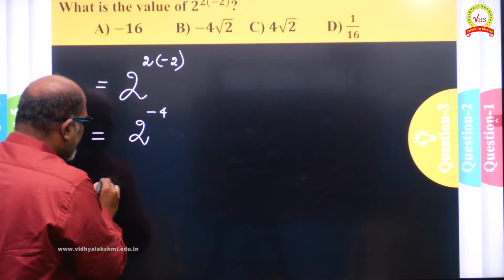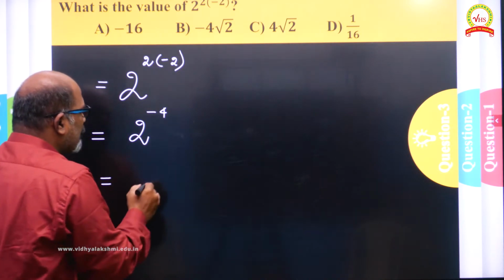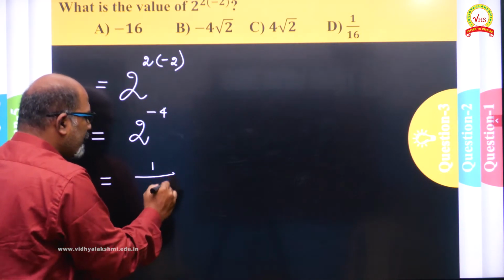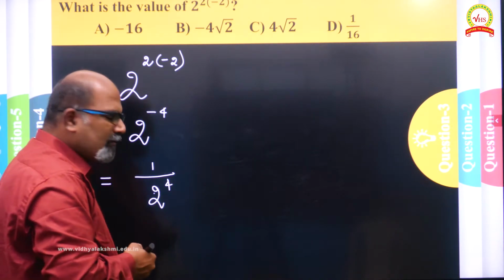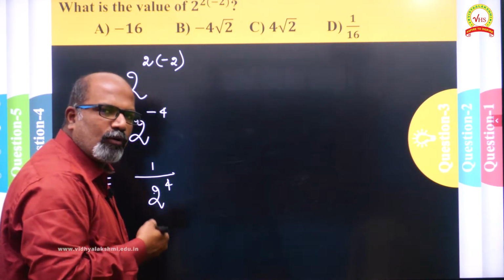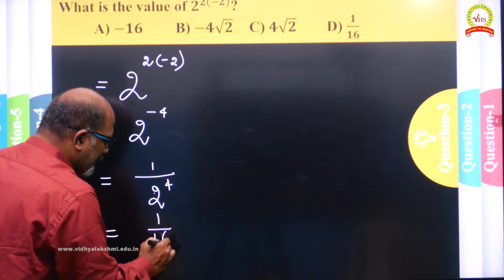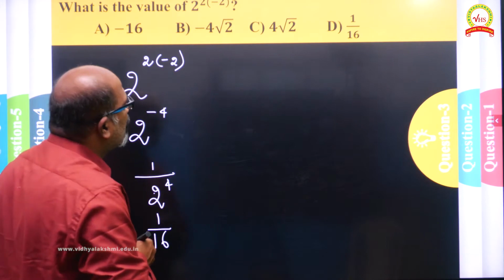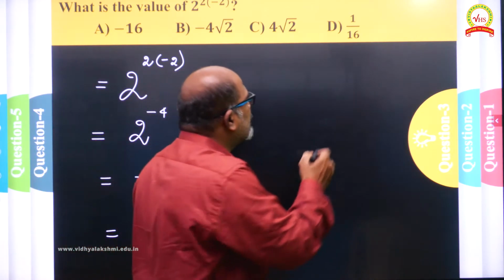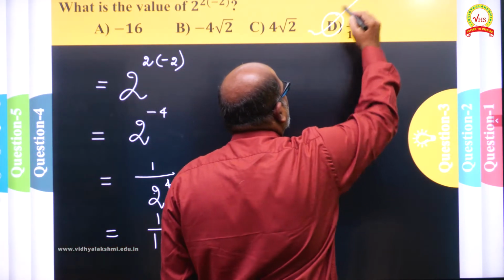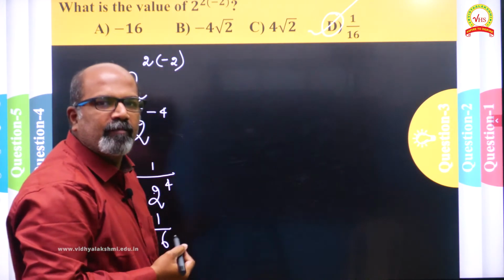By the rule of negative exponent, we can express this in the form of 1 by 2 power 4. 2 multiplied 4 times gives 1 by 16. Am I right? 1 by 16 is the answer for this question, and it is matched with option D.